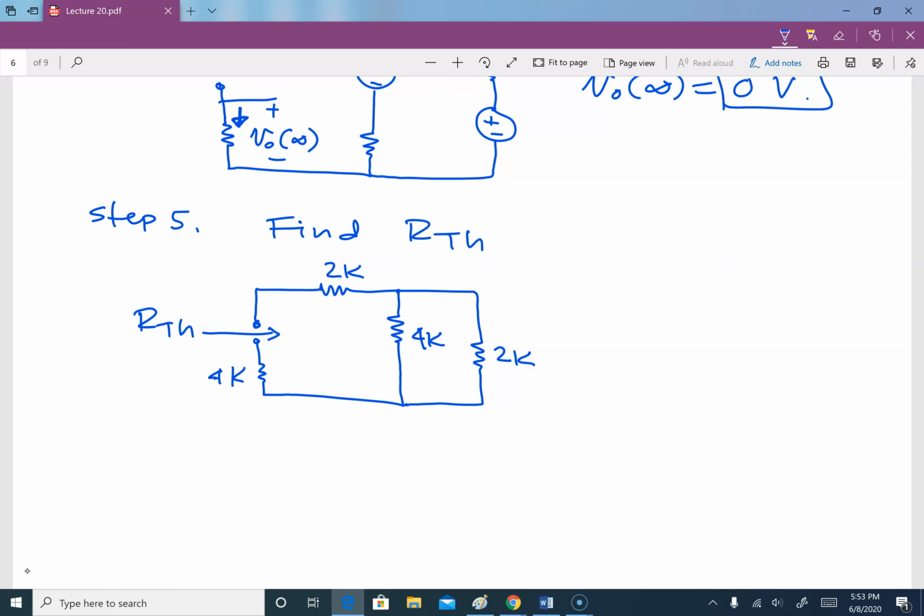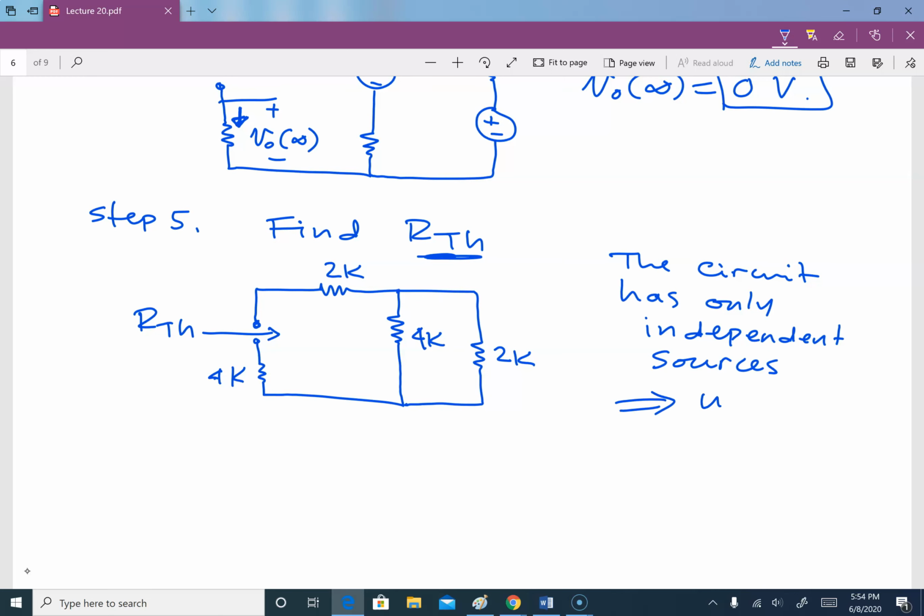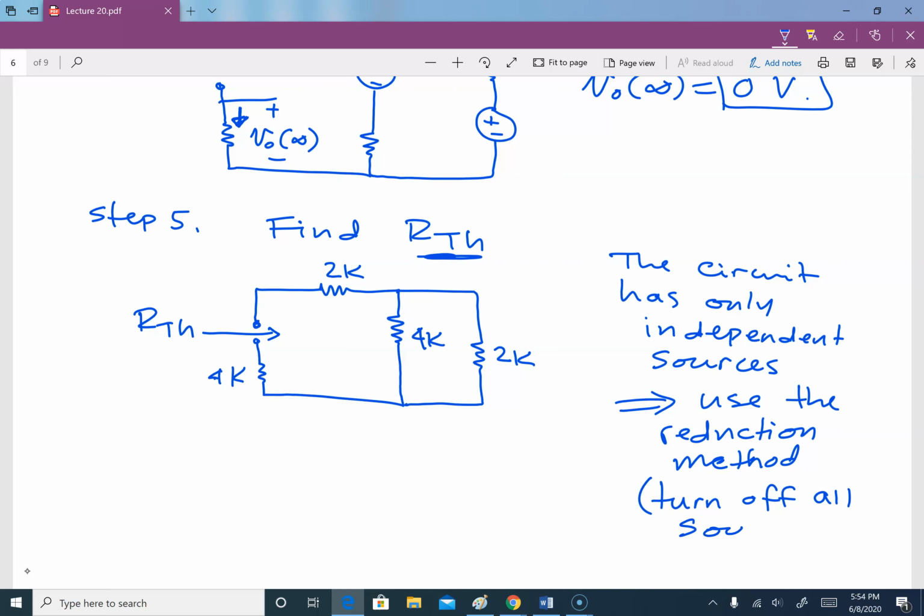So of course to find this R Thevenin, we need to look at the circuit. The circuit here has only independent sources. Then we can use the reduction method. And we need to turn off all sources.